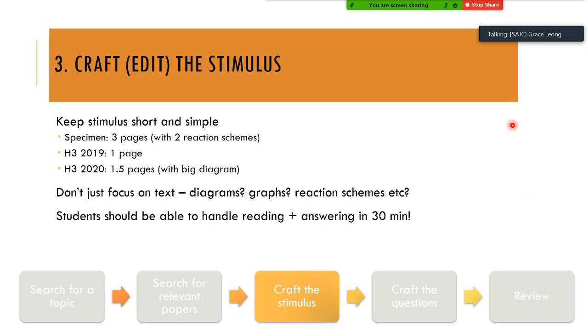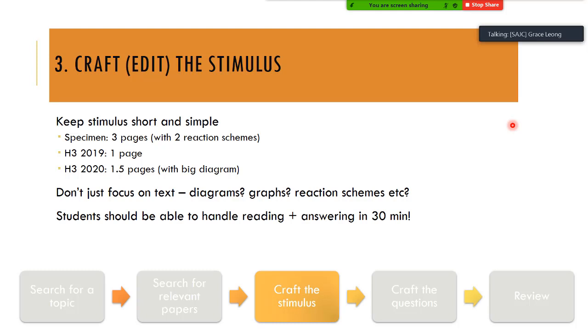Once we narrowed down the source, we would need to edit the stimulus because we have to keep it short and simple. If you have taken a look at past year Cambridge papers, the length of the stimulus must really be manageable because the students must be able to finish reading plus answering all the questions in 30 minutes.